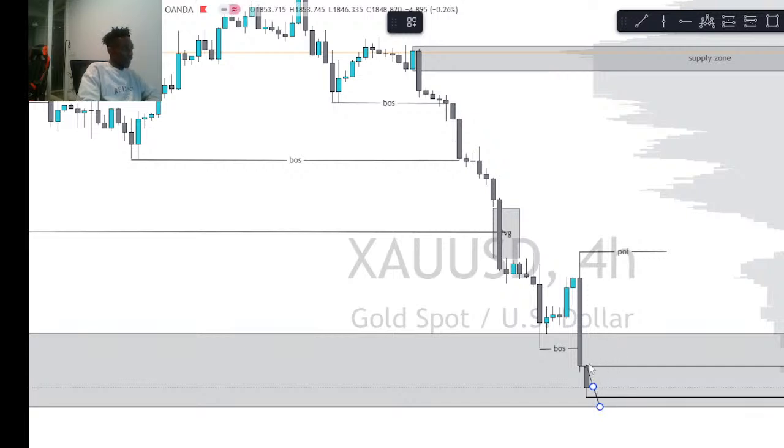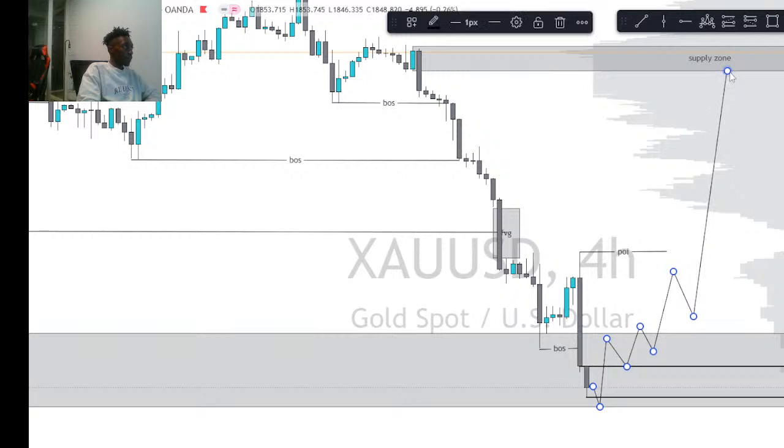Once it breaks above that candlestick or that area, that's where we start targeting buys. And then we take profit on an untested supply zone, just like that.